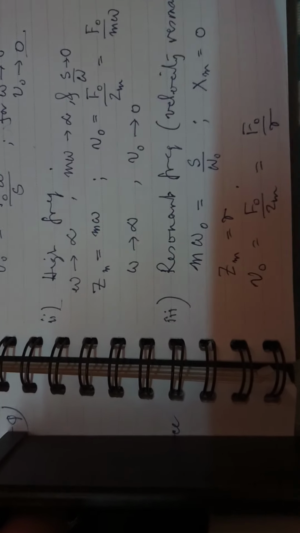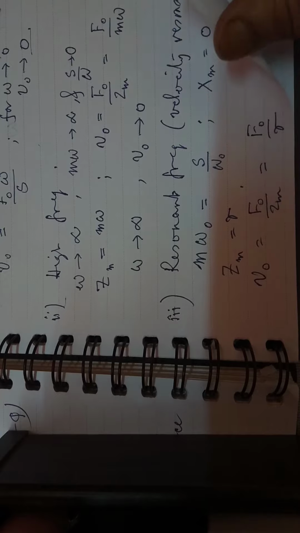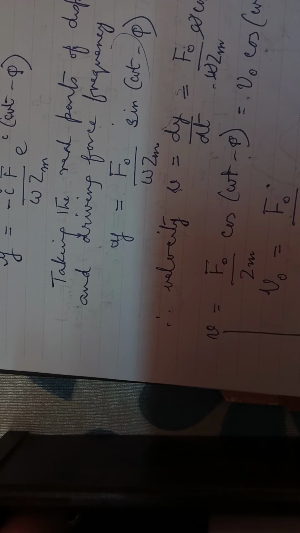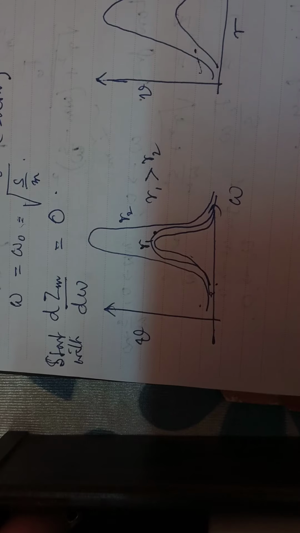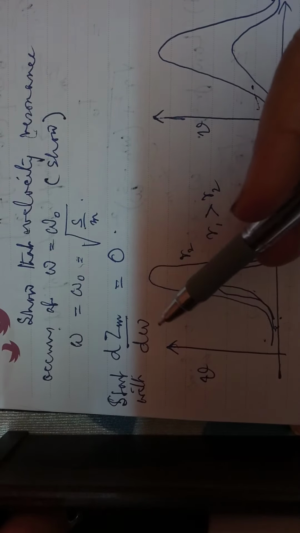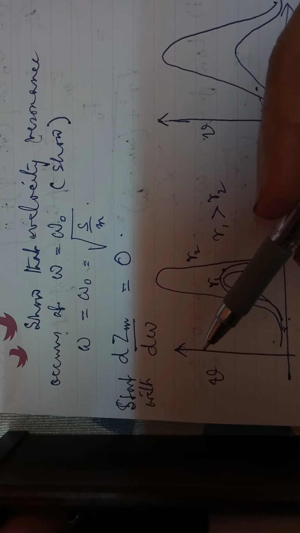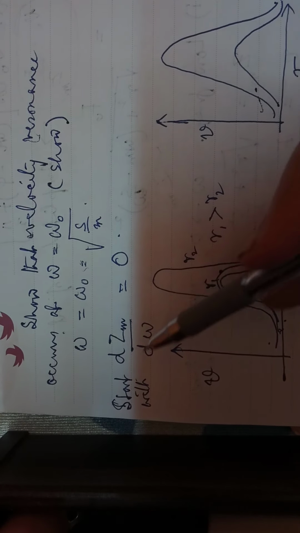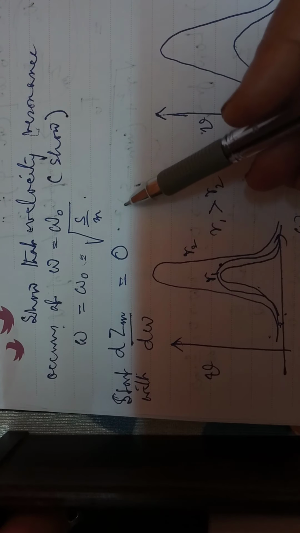So this is what you see over here in this diagram. All you have to do is get omega equal to omega naught, the condition for velocity resonance; you have to do dZm d omega equal to 0.